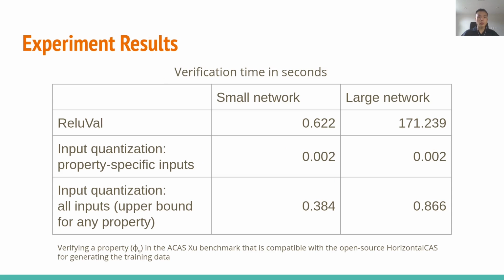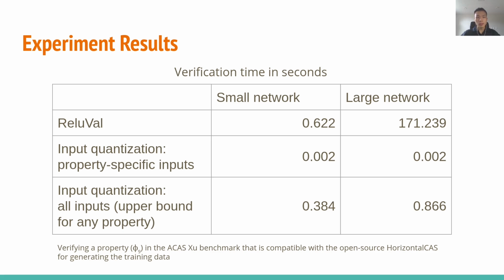So we conducted some experiments to test our method. We train small and large networks using the data generated by the open source horizontal ACAS system. And we verify the property phi9 in the ACAS Xu benchmark. ReluVal is a traditional neural network verifier. It can be seen that its verification scales poorly for this large network.